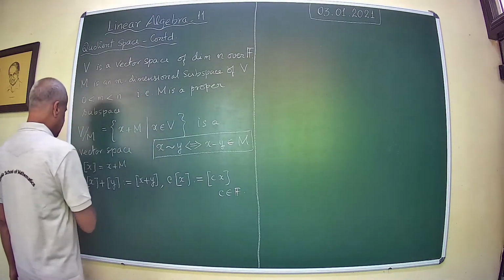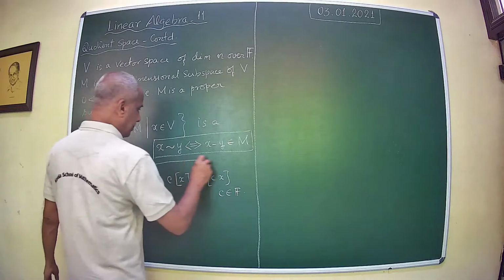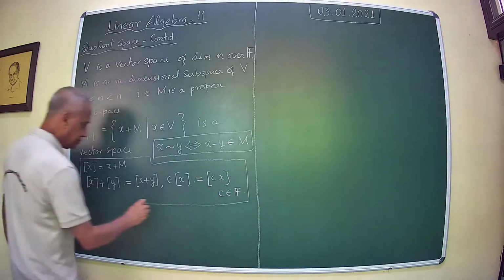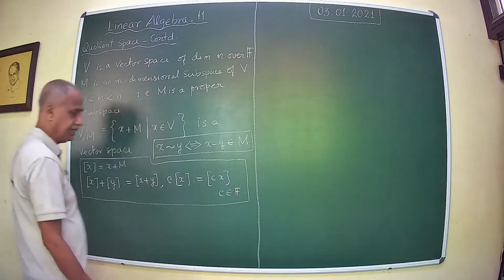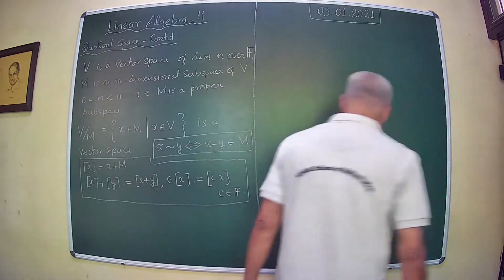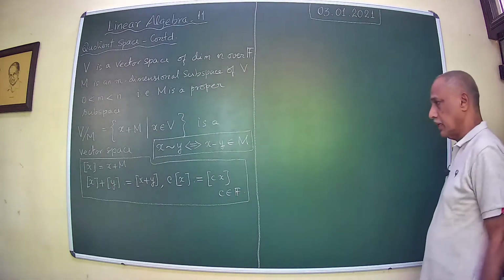This is the addition and scalar multiplication. We have shown that this is properly defined, that is, defined without any ambiguity, and makes a vector space.